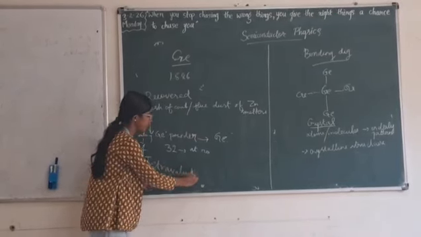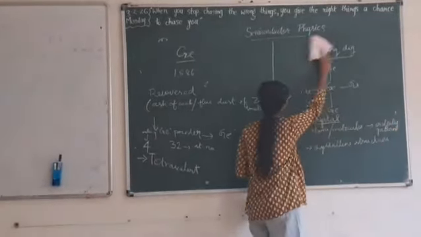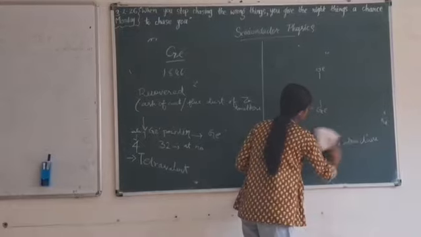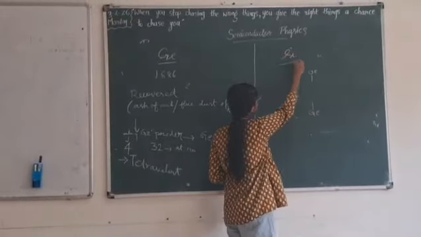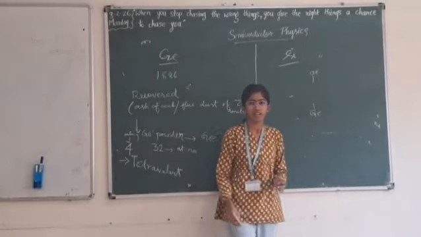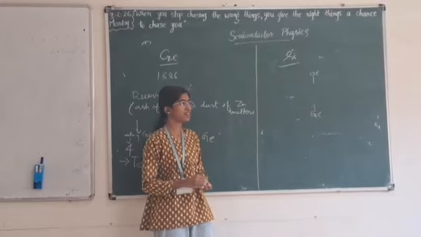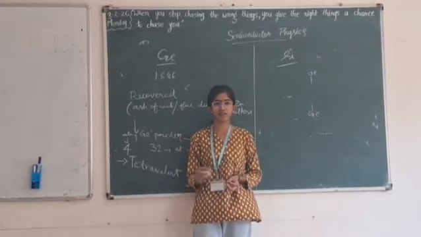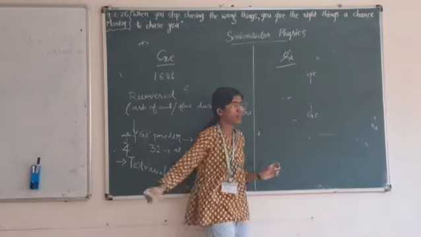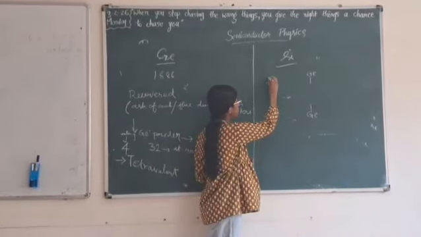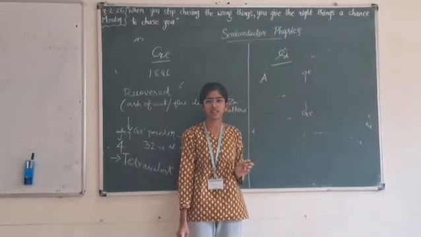Next is silicon. Silicon is found in most of the common rocks and the sand found in beach, and it is silicon dioxide, and it is having an atomic number of, what is its atomic number? 14.